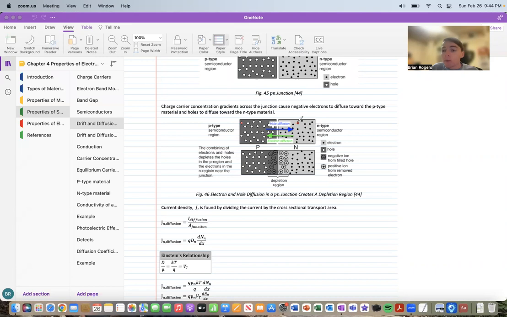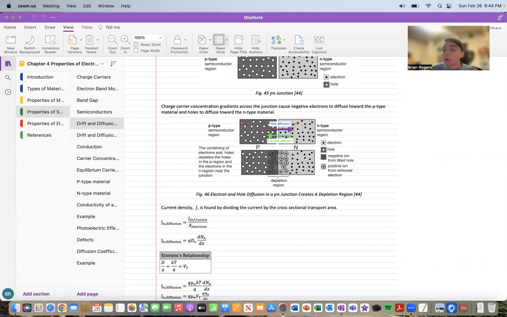So what's going to happen is, if you think of a crowded room, people want to go where it's less crowded. So all these holes want to go where there are fewer holes. So the holes are going to want to diffuse over to the n-type layer where there are fewer holes.